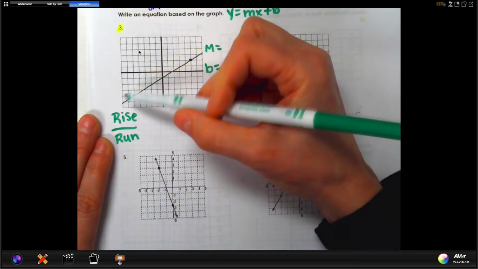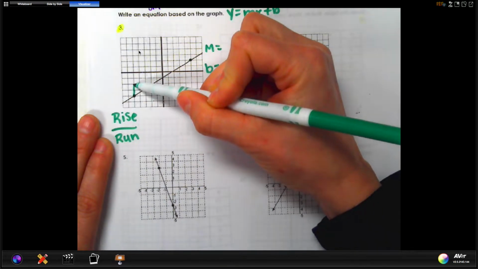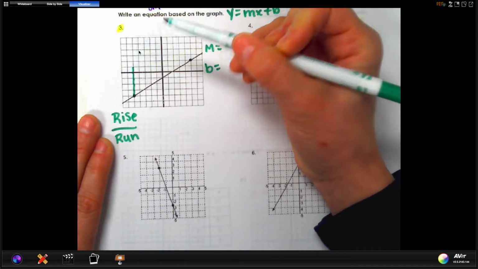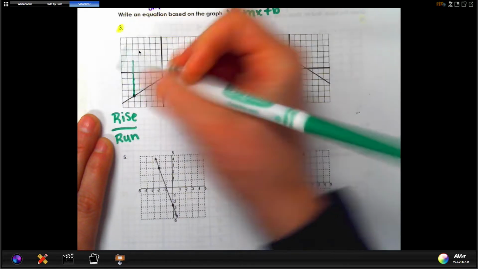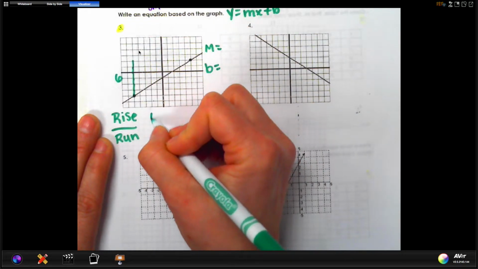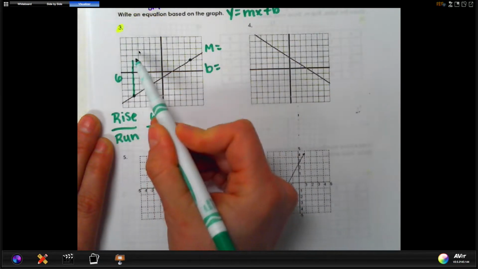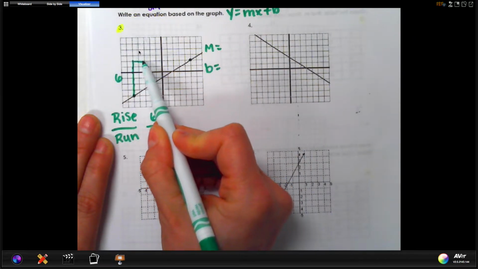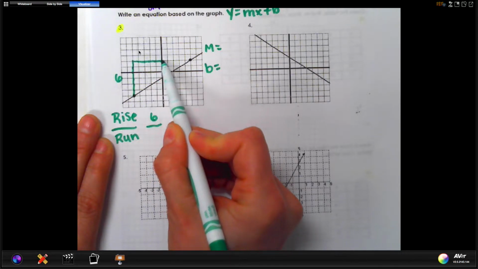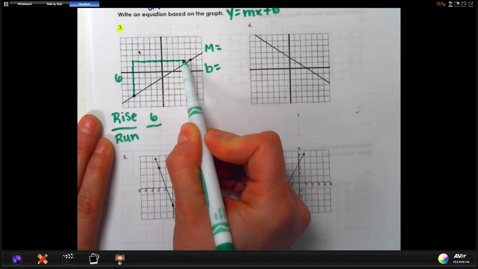So my rise is going to be 1, 2, 3, 4, 5, 6 is my rise, and that's positive since I'm traveling up. And my run, counting those squares, is 1, 2, 3, 4, 5, 6, 7, 8, 9, 10.